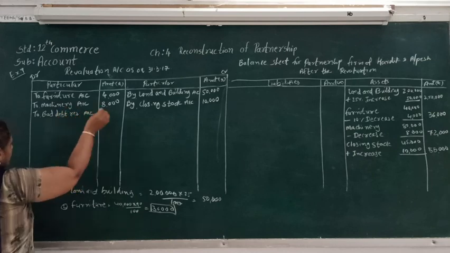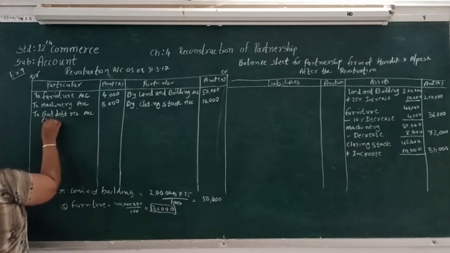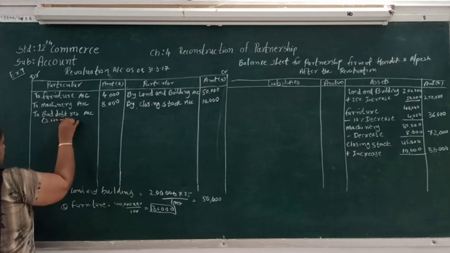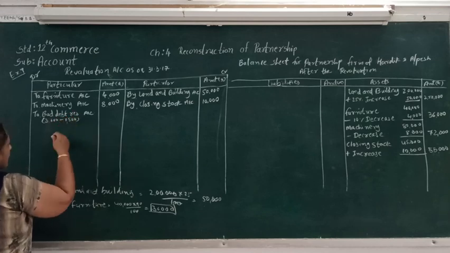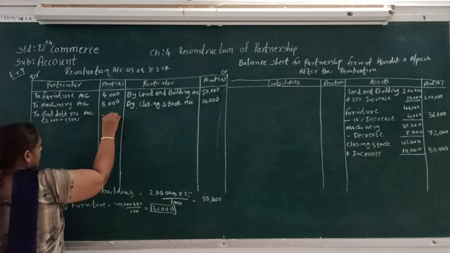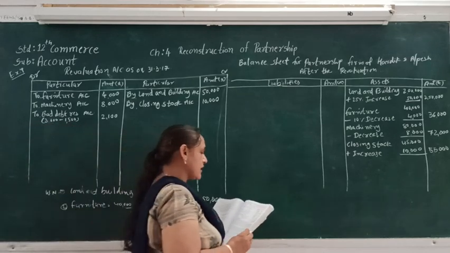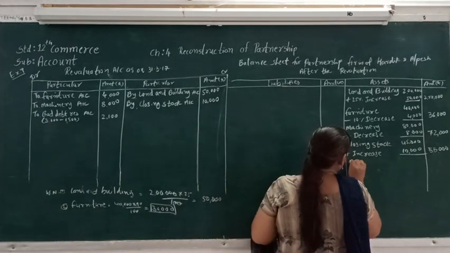So here the bad debt reserve account will be how much? Here we have to write down 3,600 minus 1,500. So now we have to keep the provision of 2,100. Okay, and here from the debtors we have to deduct.